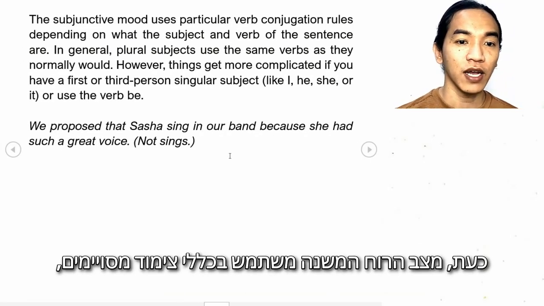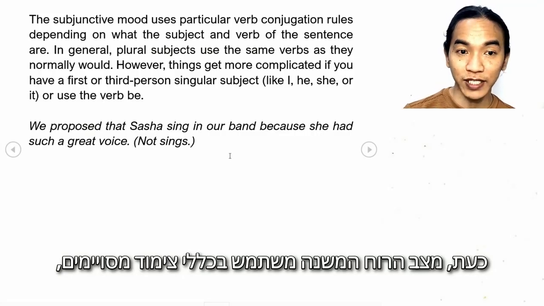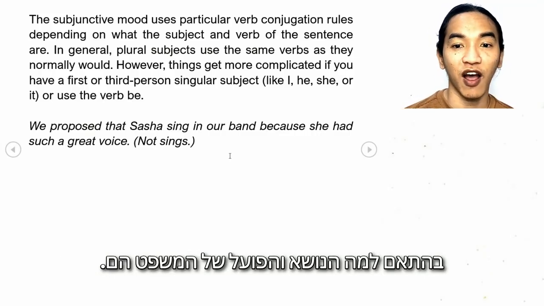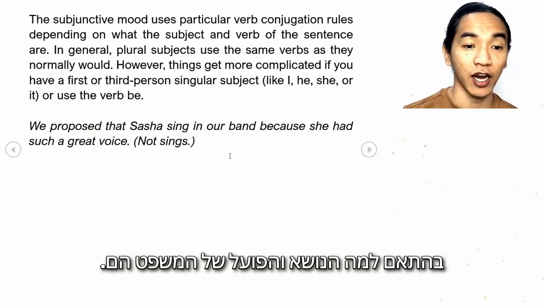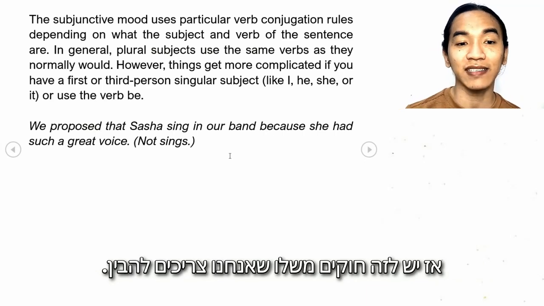Okay? Now, the subjunctive mood uses particular verb conjugation rules depending on what the subject and the verb of the sentence are. So, in short, it does not follow the normal or regular subject-verb agreement. It has its own rules that we have to understand.